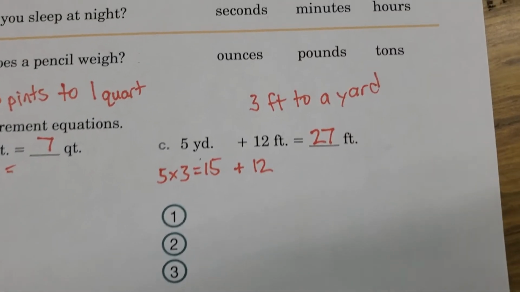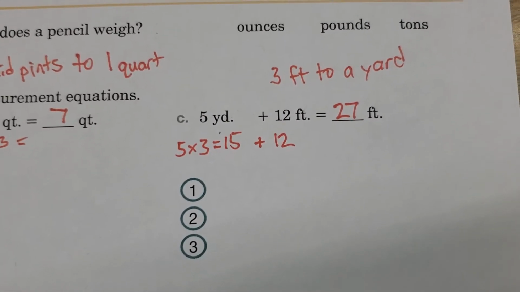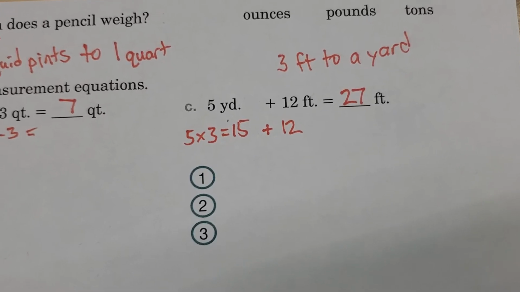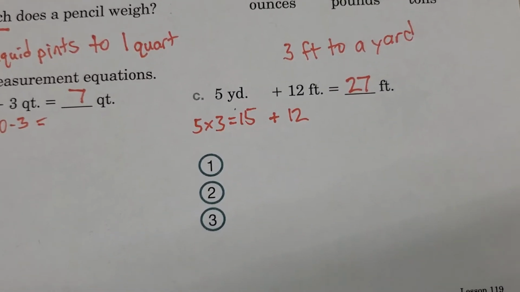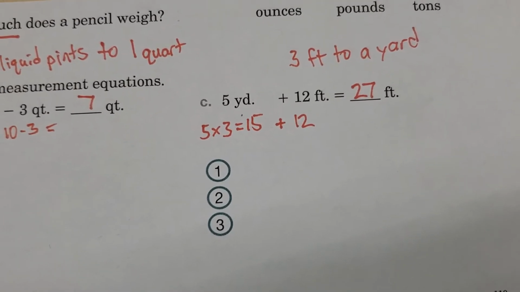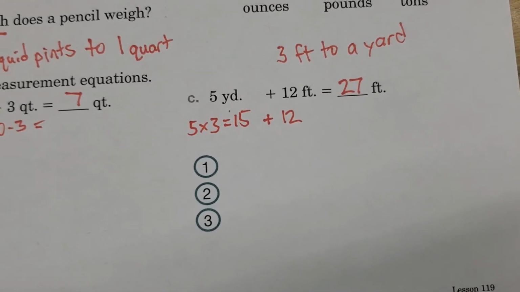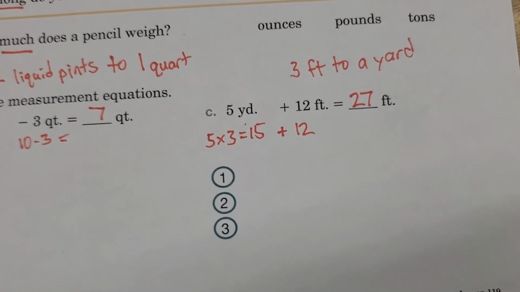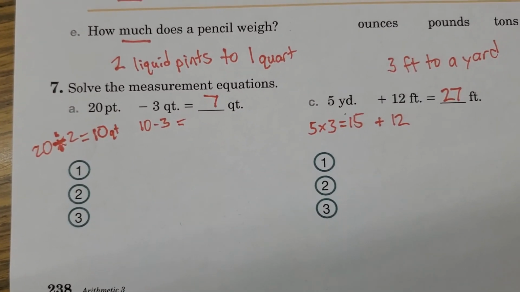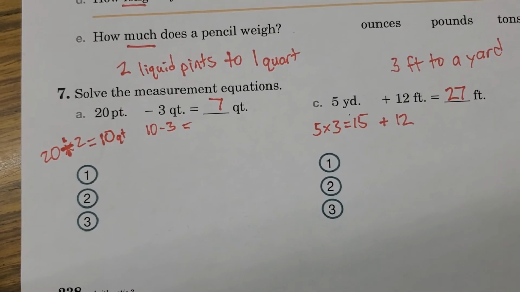Here, we know there are 3 feet to every yard, so we're going to convert the yards to feet. We know 5 yards times 3 is 15, so there's 15 feet in 5 yards, plus 12 feet equals 27 feet. So the very first thing you're going to do in each of those problems is convert from one to the other.